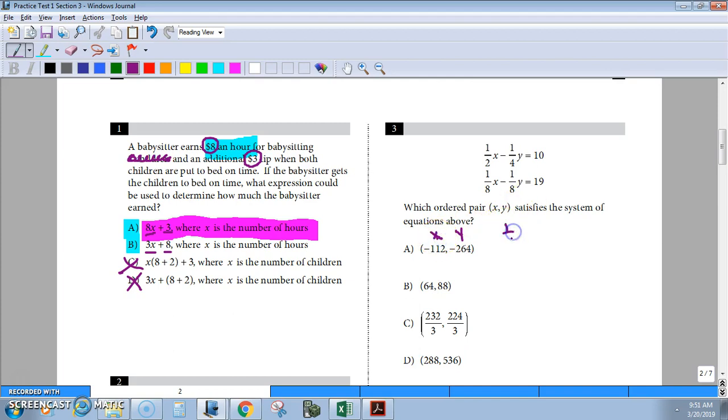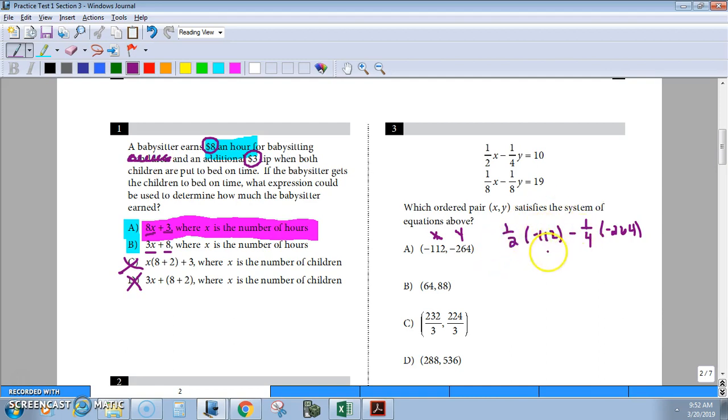Instead of 1/2 times x, I would have 1/2 times negative 112, minus, instead of 1/4 times y, 1/4 times negative 264. And if I do this math and my answer is 10, that could possibly be a solution.